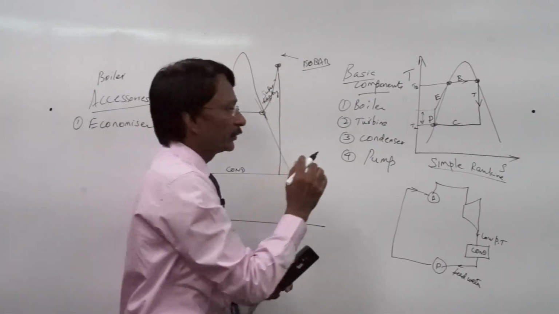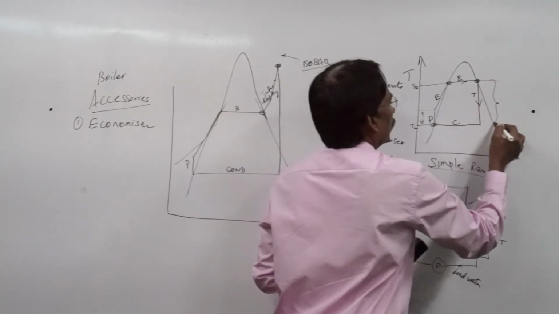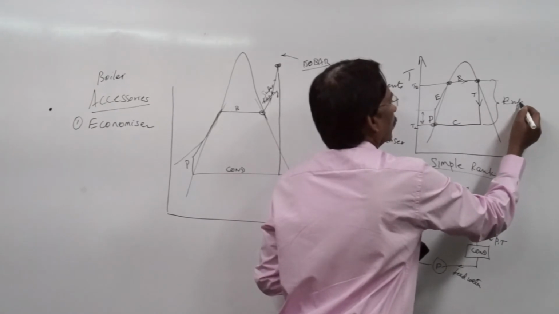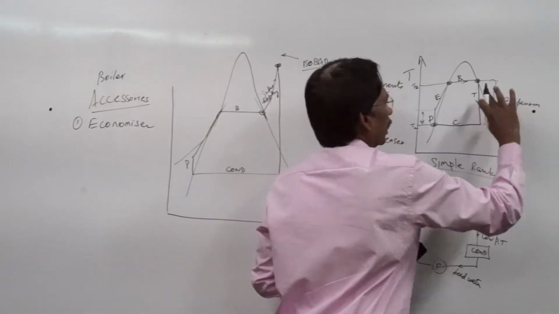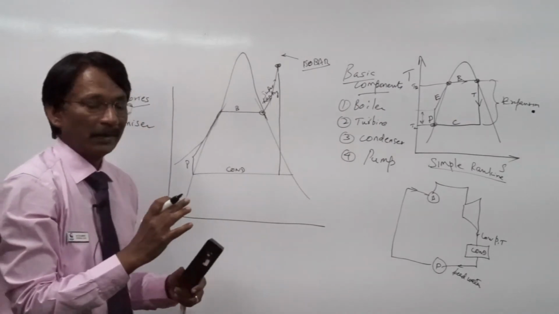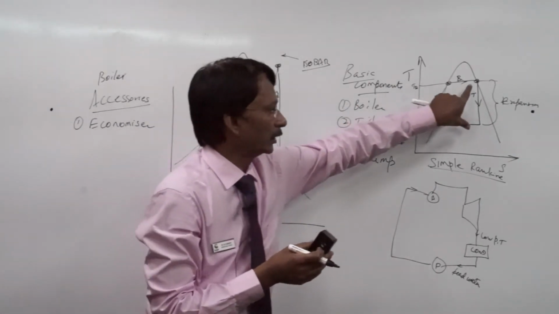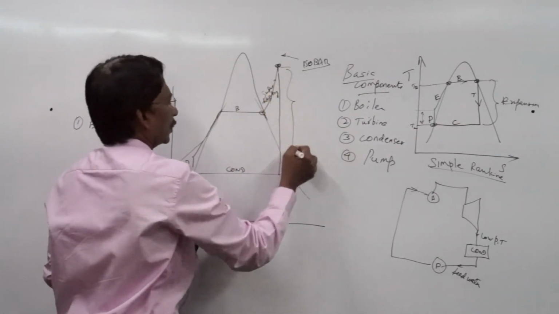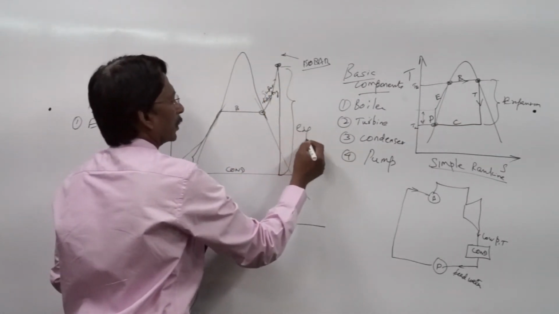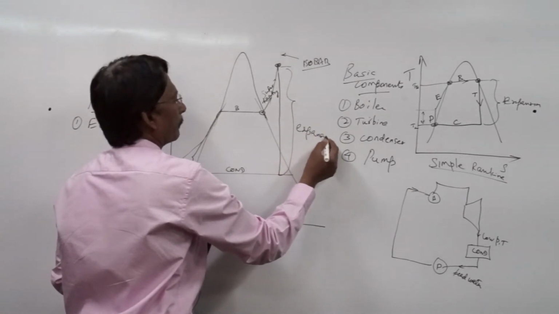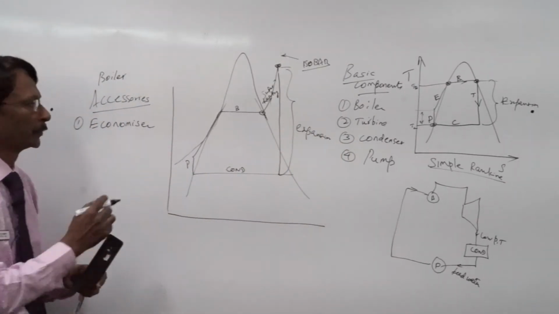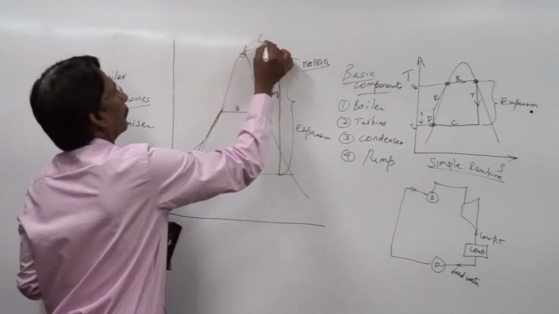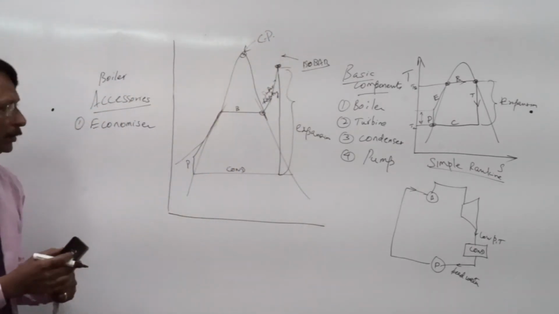Now, look at this expansion. It is only a smaller expansion, meaning less work output only is possible from steam. Whereas here, you can see there is a greater expansion possible. This is your CP, critical point.